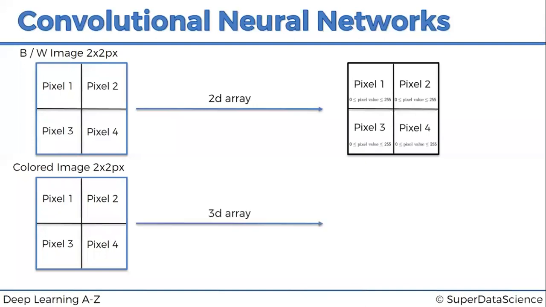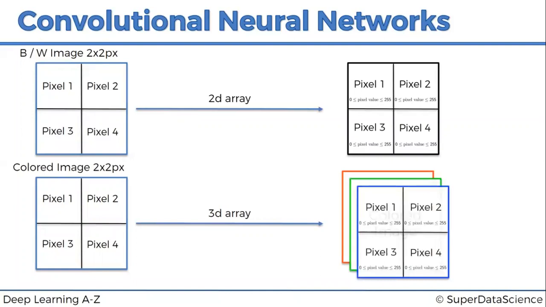In a colored image, it's actually a three-dimensional array. You've got a blue layer, a green layer, and a red layer, which stands for RGB, red, green, blue. Each of those colors has its own intensity, so a pixel has three values assigned to it, each between 0 and 255.